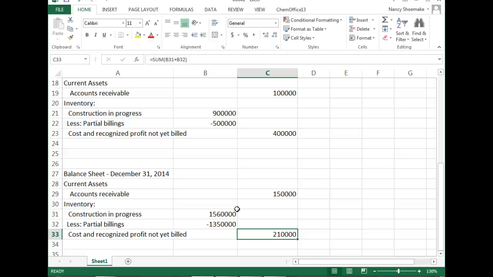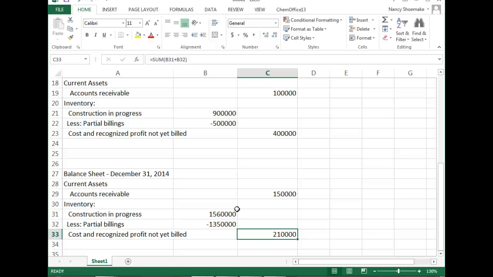I'm not explaining it as well as I'd like to, but we've got to show what we actually have in value in an asset. It's not a revenue yet because we haven't billed it, okay? But when we get to a place where we can bill it, it's going to transfer from here over to an accounts receivable.